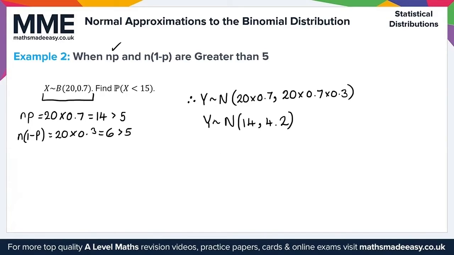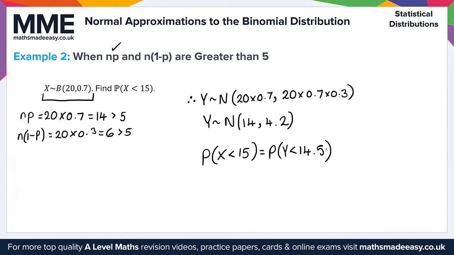Because we've approximated to a normal distribution here, we need to also apply our continuity correction. We're looking for the probability that x is less than 15. So our continuity correction will be the probability that y is less than 14.5.